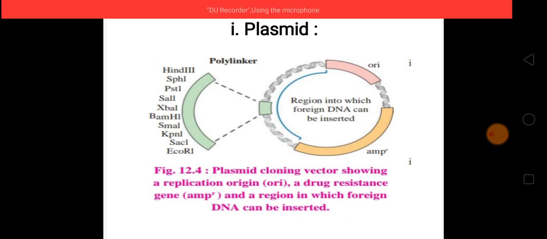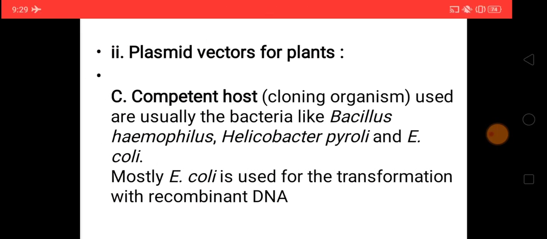This plasmid cloning vector shows a replication origin, a drug resistance gene, and a region in which foreign DNA can be inserted. So next are the plasmid vectors for plants.